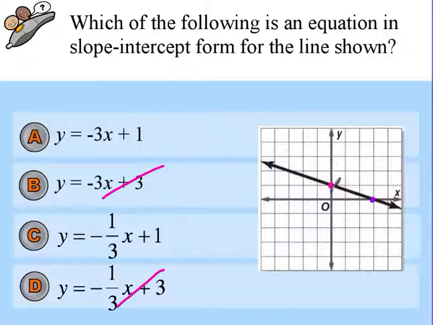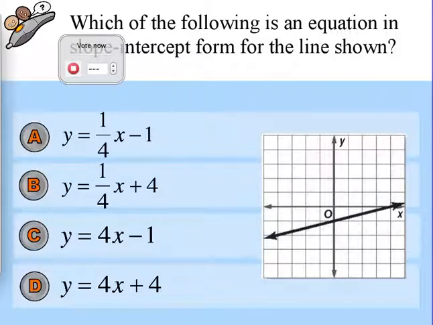I'm going to move down 1, and then over 3. So I've got a slope of negative 1/3, y-intercept of 1, take that back. So y equals negative 1/3 x plus 1.